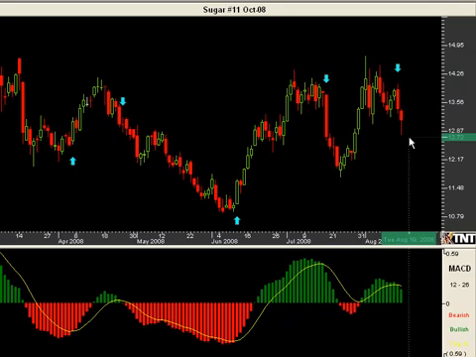MACD is very accurate, but it is also a little bit slow. And I'm going to show you how you might correct that in just a minute. But before I do, I wanted to show you a couple of things on MACD. First off, MACD sometimes will top out or bottom out before prices do.